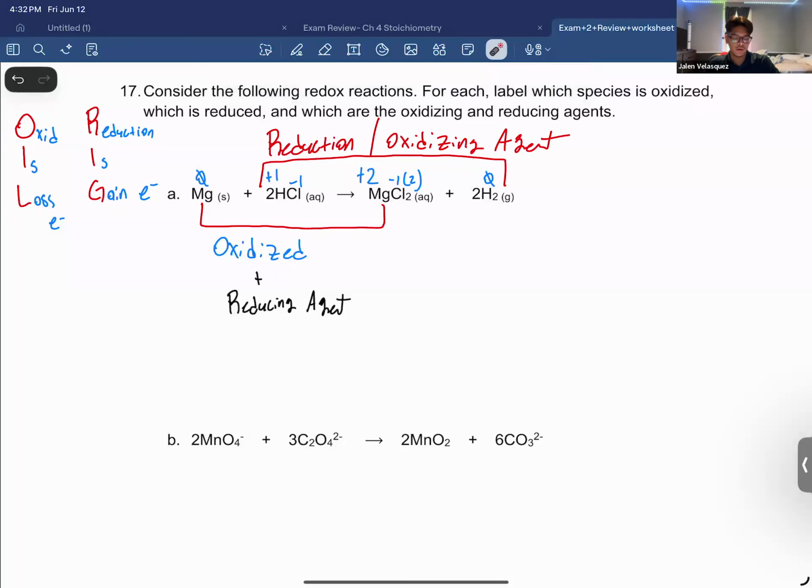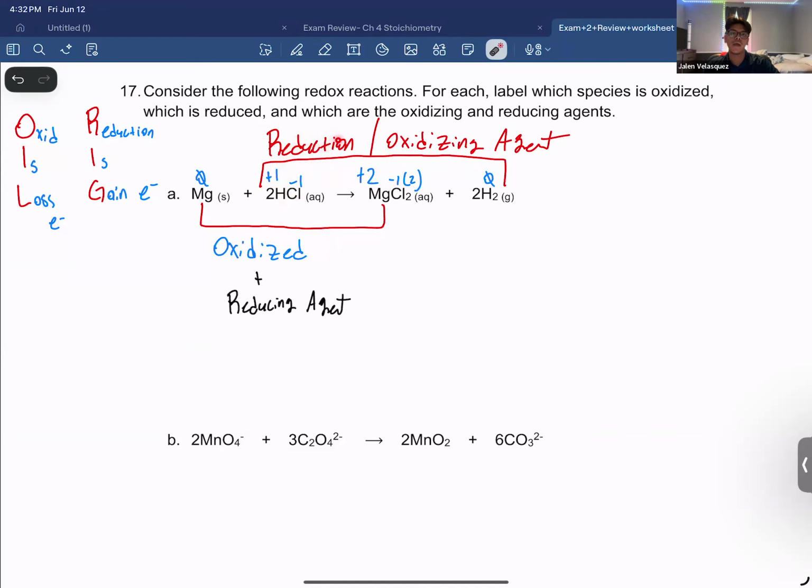Okay, so you notice that the agent part is always opposite of what's happening, right? So why is that? Remember I said we're transferring electrons in these redox reactions. Take for example the hydrochloric acid. It was reduced, so it was gaining electrons.